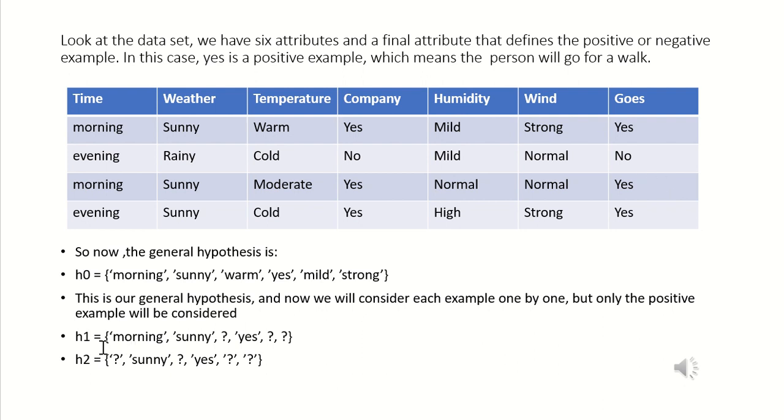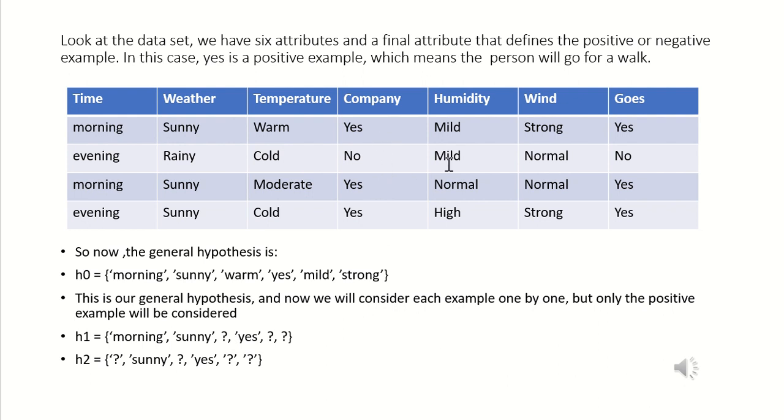Now H1: comparing the third row with the first row. Let's see the time. Both the times are the same, so we take it as it is. Weather is sunny in both, so as it is. Coming to the temperature, the first one is warm and here it is moderate. Both differ, so when both are not the same, we change it using the question mark symbol.